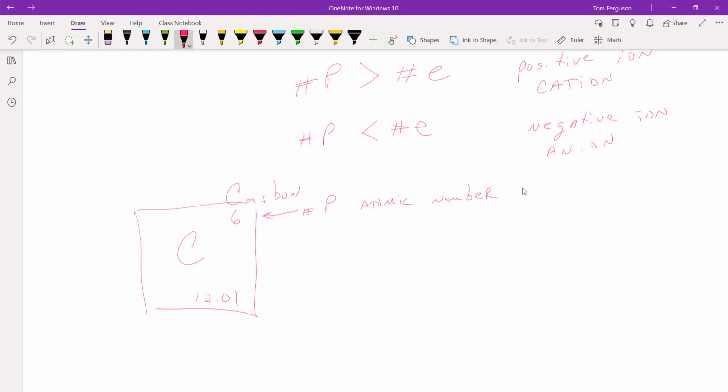But right now, the periodic table says how many protons there are. Now that is a unique number. There's no other element that has 6 protons, because carbon has 6 protons. If it's 7 protons, it's not carbon. It would be nitrogen. So the number of protons determines that.